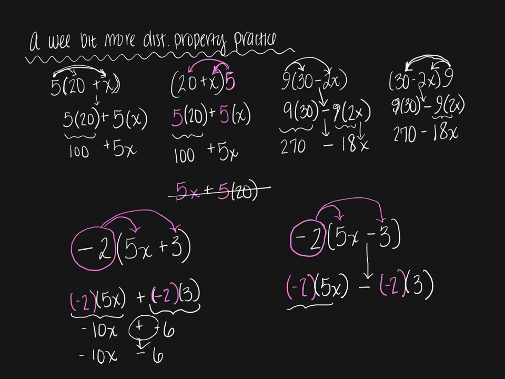Negative 2 times 5 is negative 10, and there's that x. Keep my negative. Negative 2 times 3 is negative 6. Uh-oh. What happens with this? Well, hopefully you remember that 2 negatives become a positive. So my answer here is negative 10x plus 6. All right, let's do a few more, and then I'm going to let you do some more on your own.